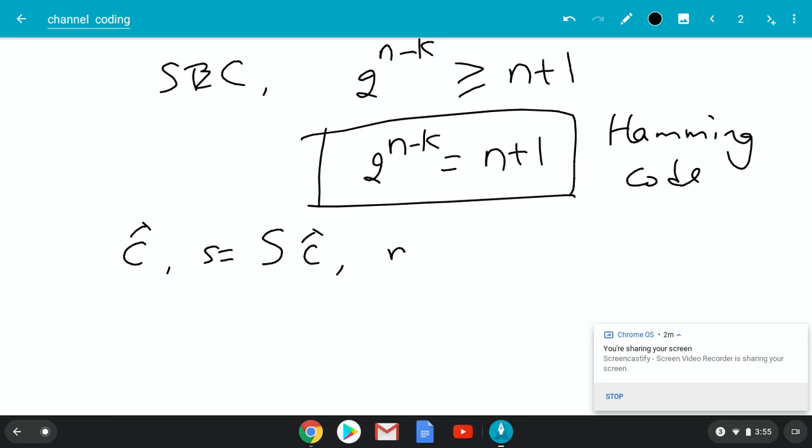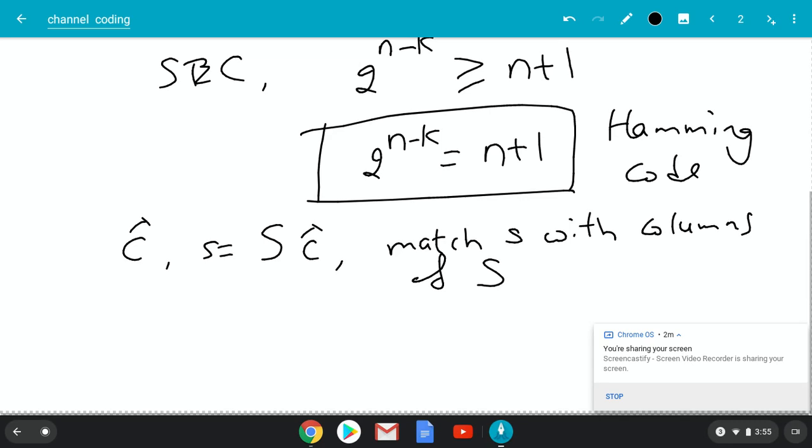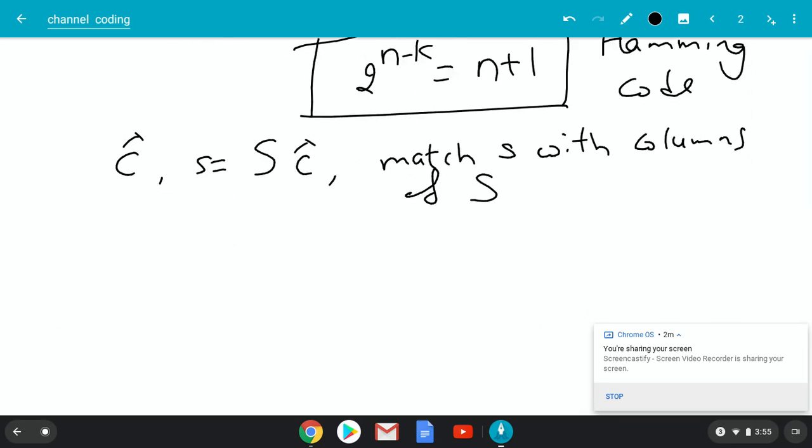And then you match small s with the columns of capital S, and depending on which column matches, you know that's where the error is. For example, if s matches with the fourth column of S, then there is an error in the fourth bit. Or if s matches with the fifth column, there's an error in the fifth bit, and so on. And that is assuming c hat only has one error. Otherwise, this doesn't count.